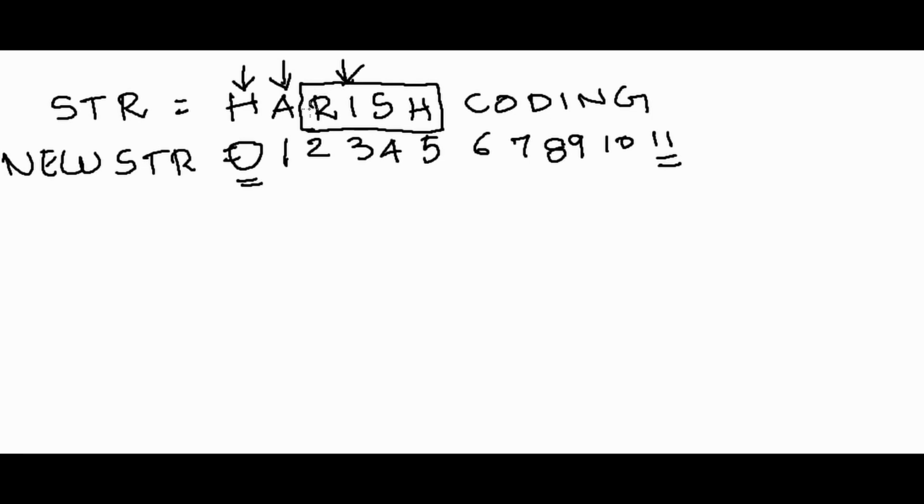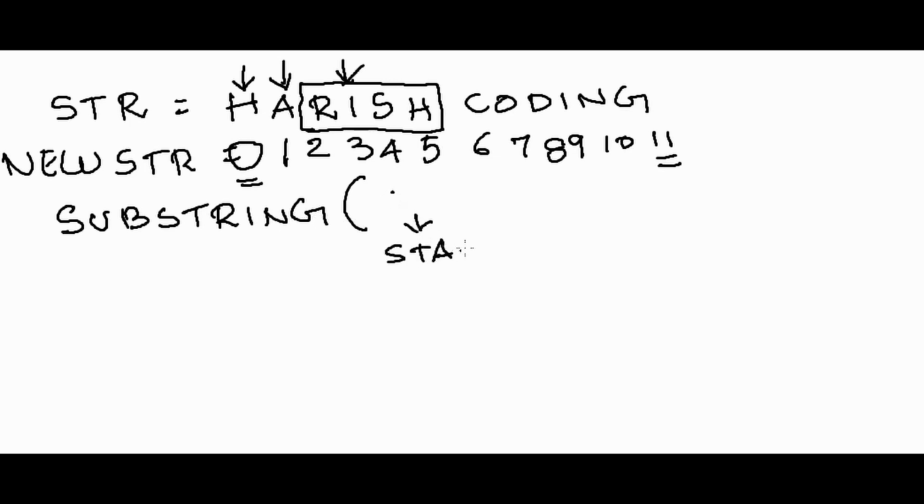How Java helps us is by providing an inbuilt function called substring. This method takes two parameters: the first one is the start index and the second one is the end index. We need from R, correct?